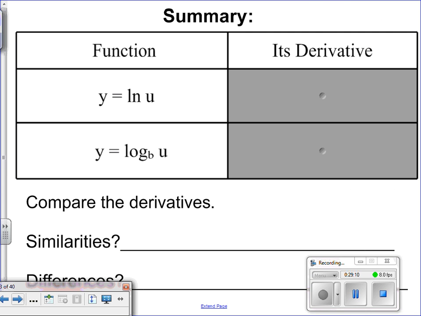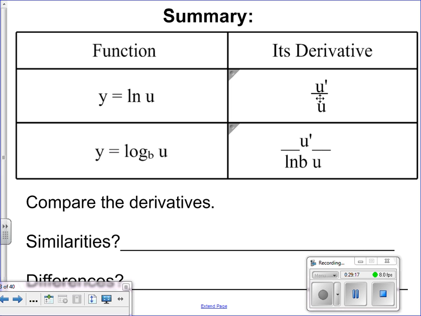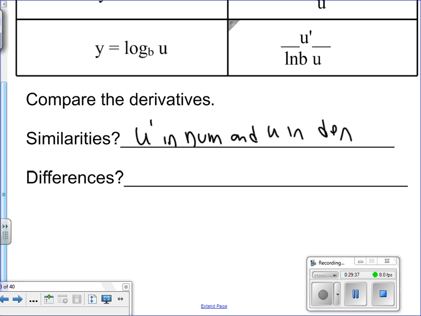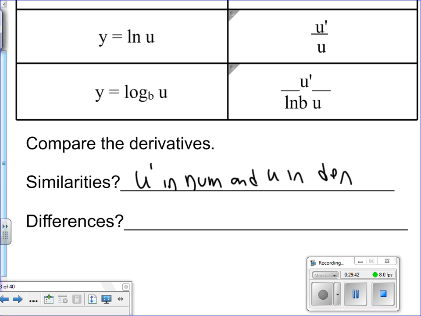Derivative of the ln of u is u prime over u. Derivative of log base b of u is u prime over the ln of b times u. Similarities: they both have u prime in the numerator and u in the denominator. The difference is that one has an ln of b and the other one doesn't.